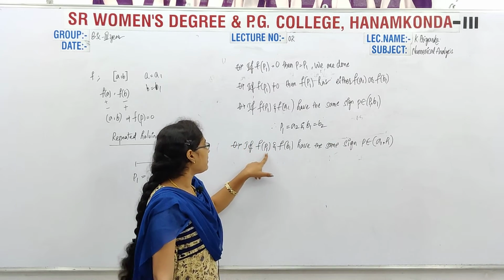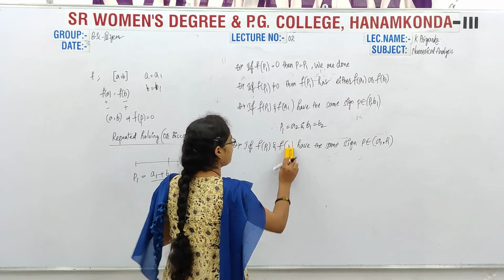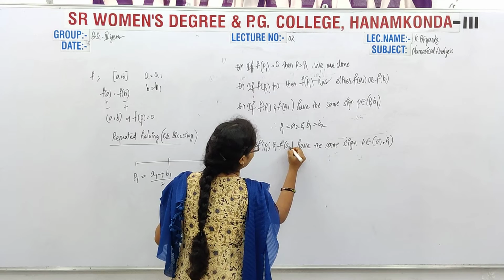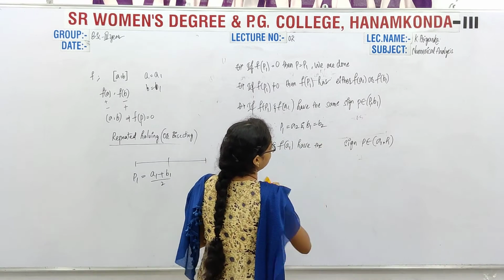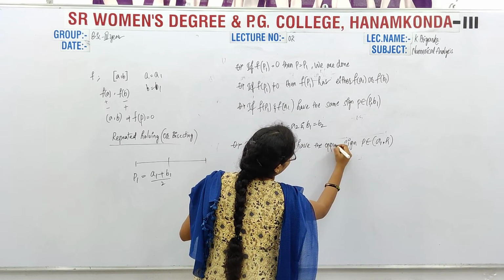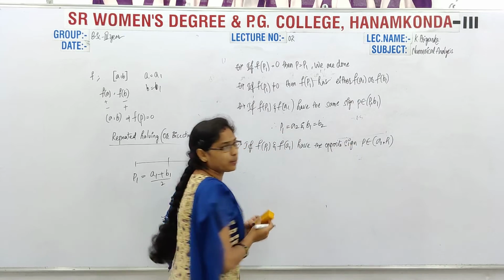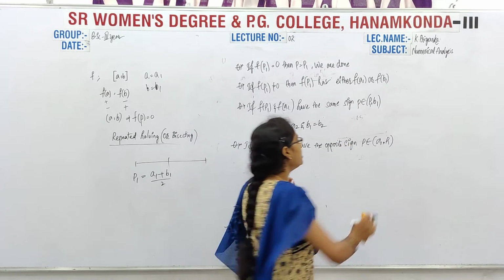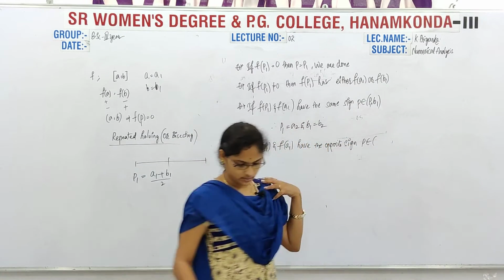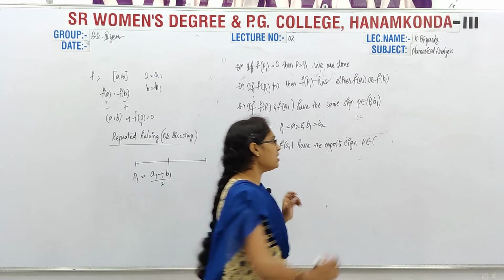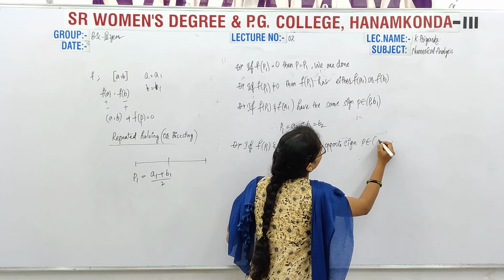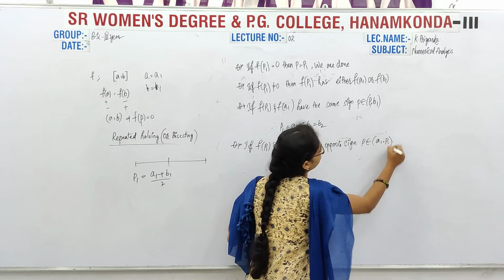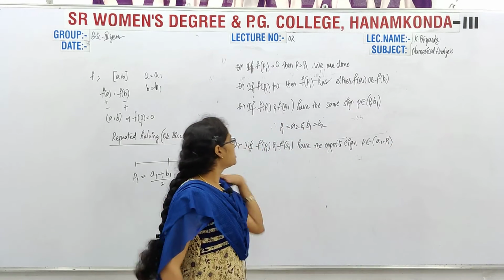Otherwise f of P1 and f of A1 have opposite sign, then P belongs to the same thing, A1 comma P1.